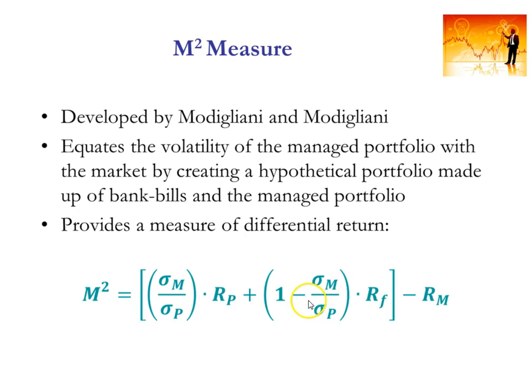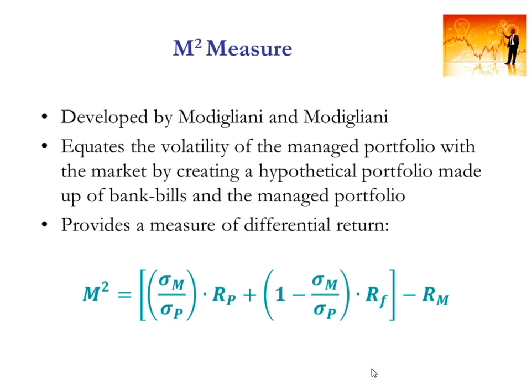Basically what the M-squared measure does is that it takes the managed portfolio, or the portfolio you're seeking to evaluate, and it combines it with the risk-free rate in order to calculate a new hypothetical portfolio that has the same risk as the market, where risk is measured as the standard deviation of returns. Now, we can see down the bottom here an equation which is how the M-squared measure is calculated. But a better way to think about the M-squared measure is to work through it intuitively.